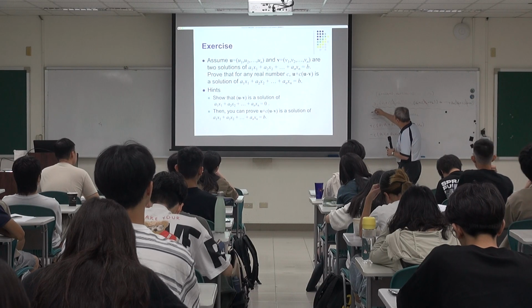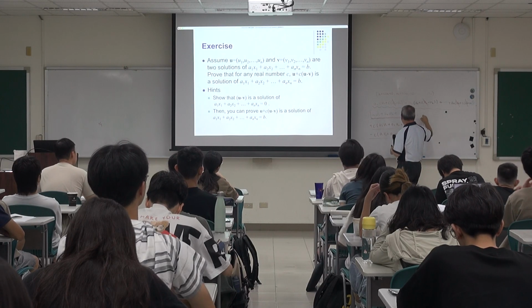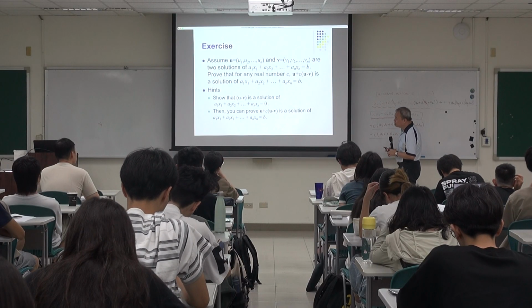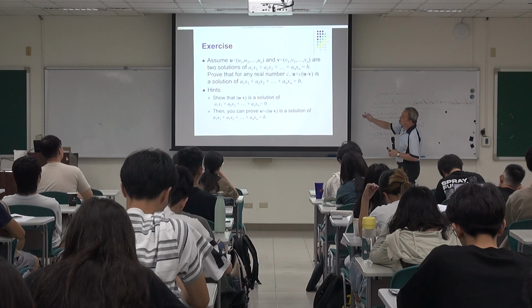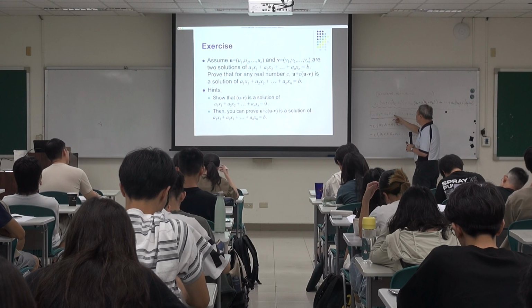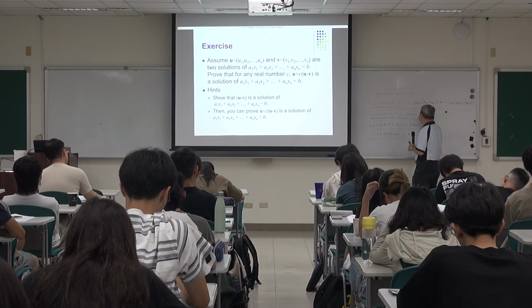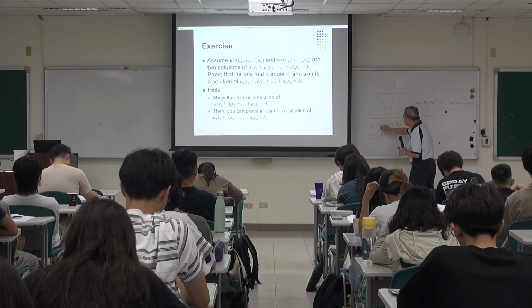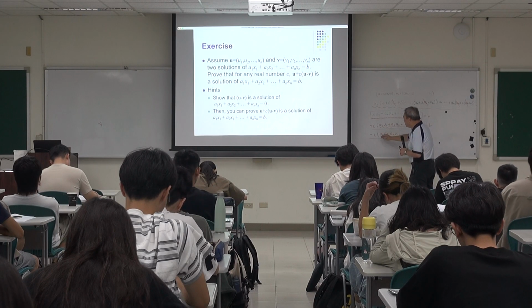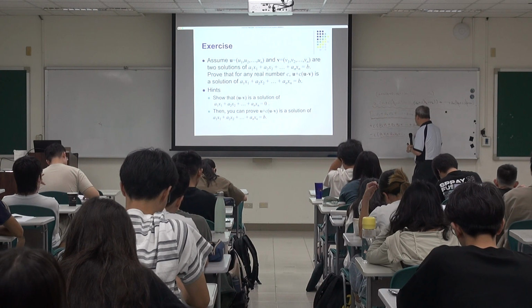And this one obviously is b, right? Because we know U is a solution of this linear equation. So A1 U1 plus A2 U2 plus blah blah blah plus An Un equals b. The same goes for this one, because we know V is also a solution of this linear equation.